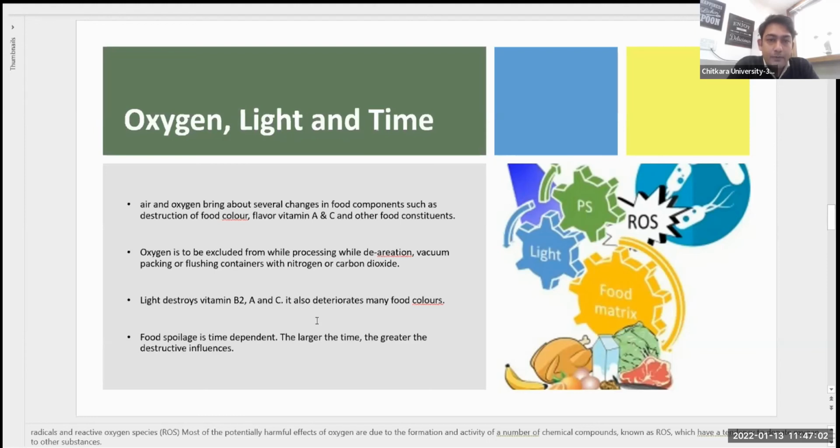So time is very important. For what time we cook, for what time we leave the crop or the food product in the field, for how much time we process the food, for how much time we cook the food. So time is a crucial factor which affects the development of microorganisms.